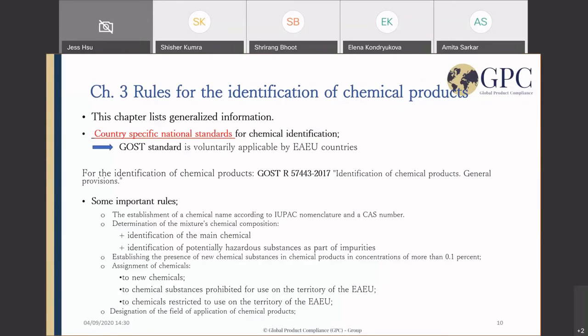Then establishing the presence of new chemical substances in chemical products and concentration of more than 0.1% per weight, assignment of chemicals to new chemicals or chemical substances prohibited for use on the territory or chemical substances that are restricted for use on the territory of the Union. And also the designation of the field of application, so how exactly is this chemical going to be used.